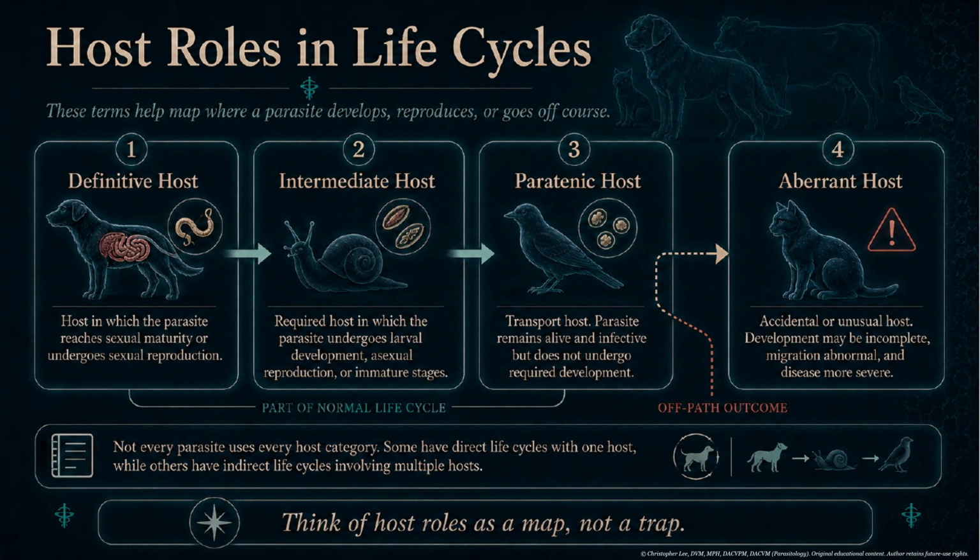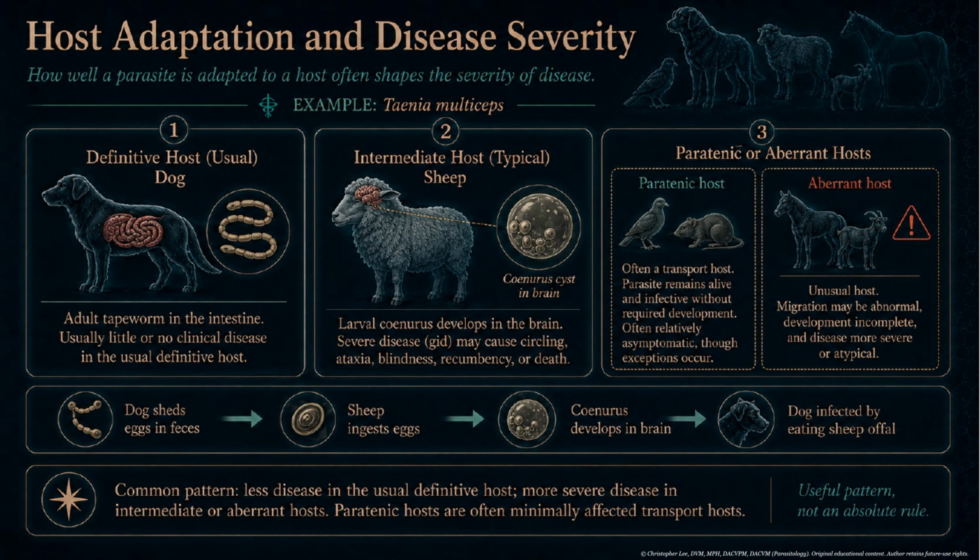Not every parasite uses every host category. Some have direct life cycles with only one host. Others have complex indirect life cycles involving multiple hosts. The terms are not meant to trap you, they're meant to give you a map. Disease severity often depends on the parasite's life stage, tissue location, and the host's role in the life cycle.